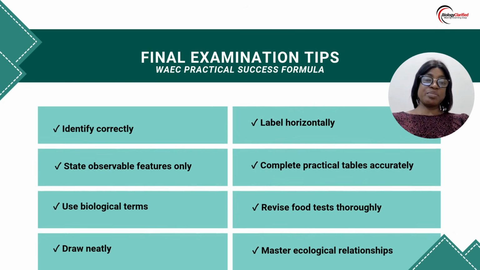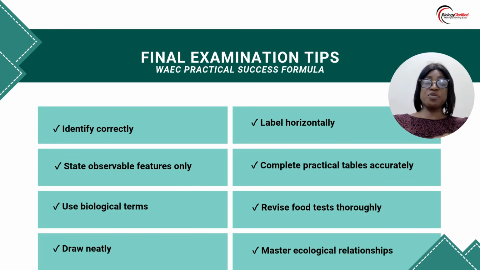So, final examination tips: the practical success formula. First, identify correctly. Make sure that you write only observable features. Use biological terms, draw neatly, label horizontally, follow the labeling guidelines, use a ruler to draw your guidelines, and complete practical tables accurately. You'll be provided with test instructions; follow the instructions to the letter.